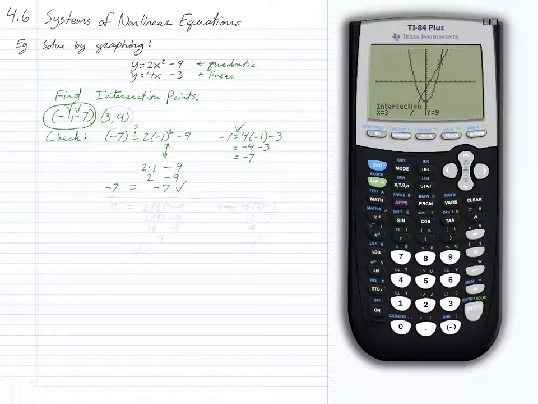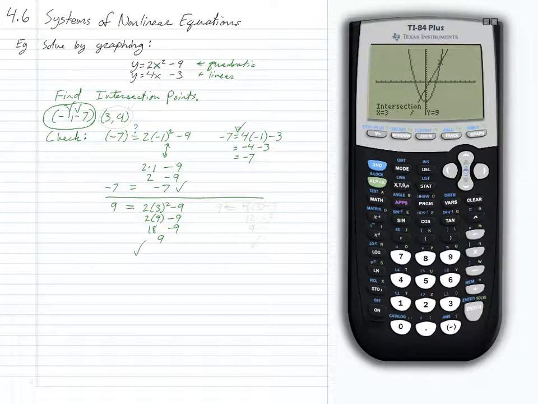Alright, let's check the other point, 3, 9, in both equations. We want to plug 9 in for y, and 2 times 3 squared minus 9, well that's 2 times 9 minus 9, that's 18 minus 9, which is 9. And so those are equal to each other.